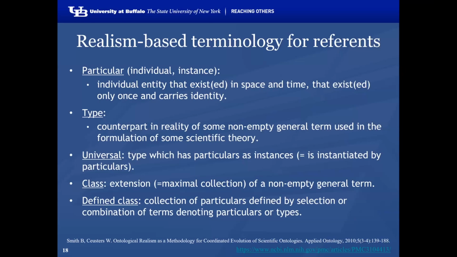Cancer isn't; that's non-empty. A universal is a type which has particulars as instances. Or we also say that universals are instantiated by particulars. And that's why you have the synonym instance here for particular.